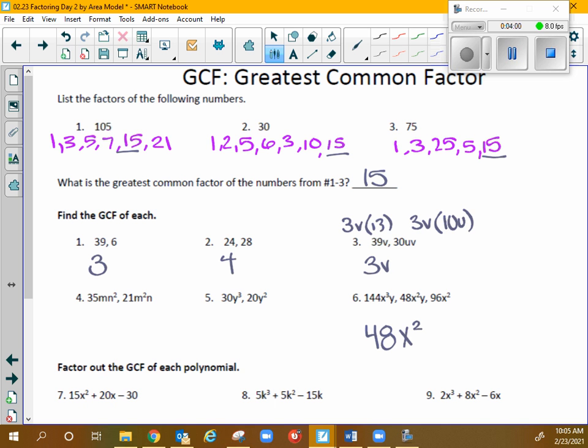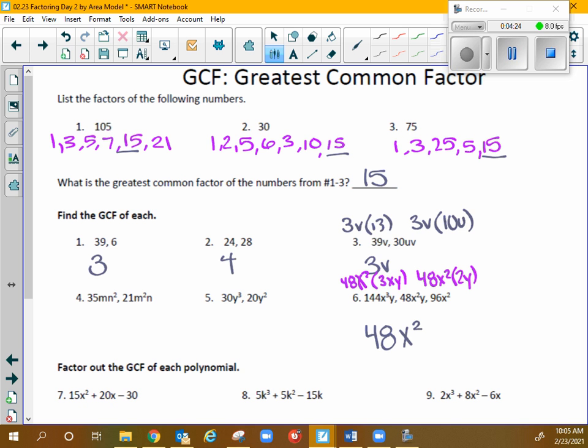Well, the y is not on 96x squared, so let's check, right? If I have 48x squared and I multiply it by 3xy, will I get back here? Yeah. If I have 48x squared and I multiply it by 2y, will I get back here?